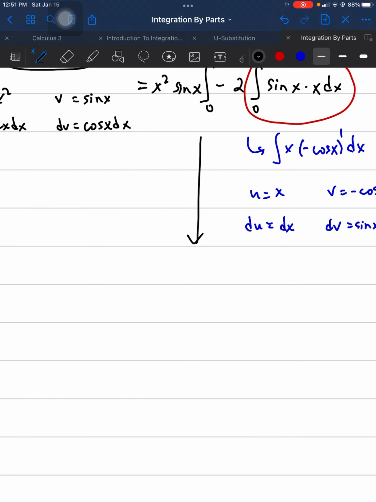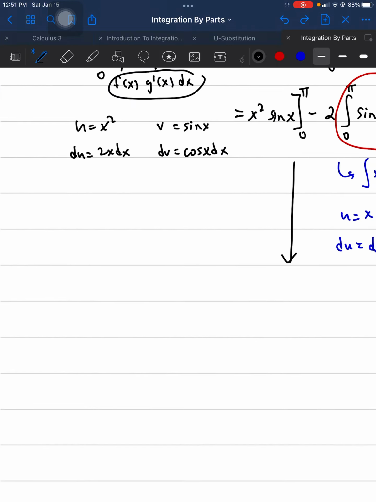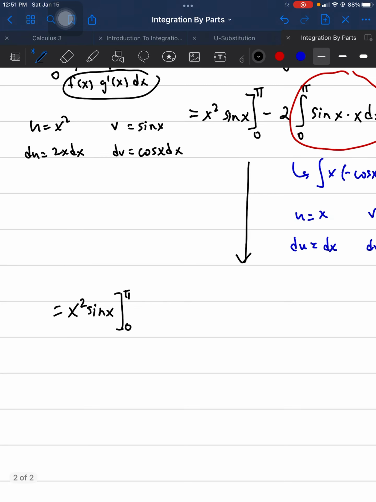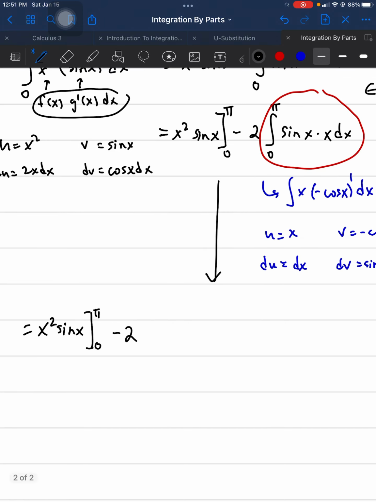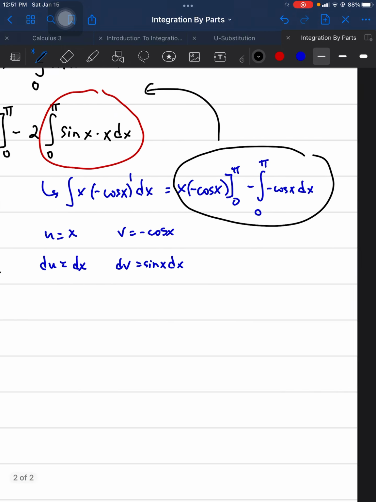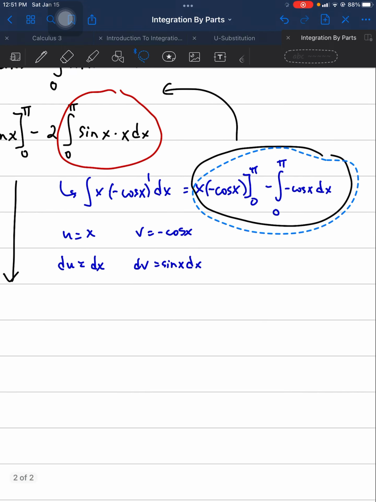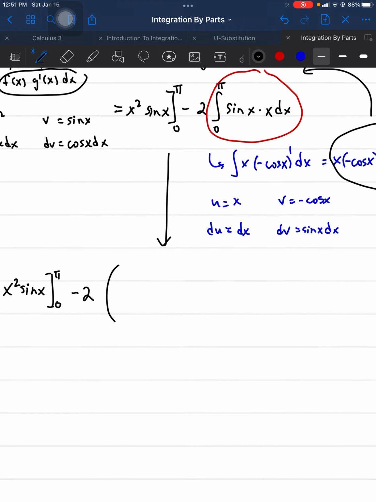Let's pull everything down. So this is going to be x squared sine x from 0 to pi minus 2, and then we're going to multiply this by this entire expression we just found.